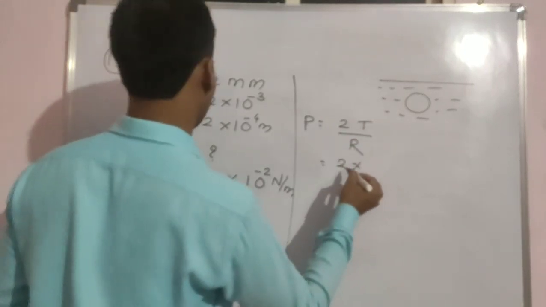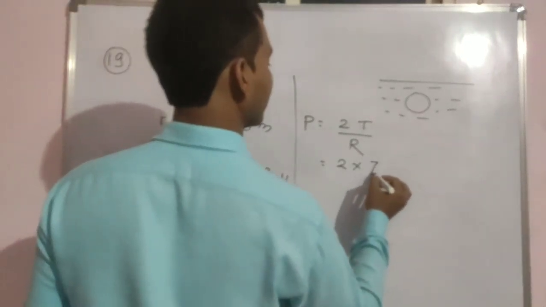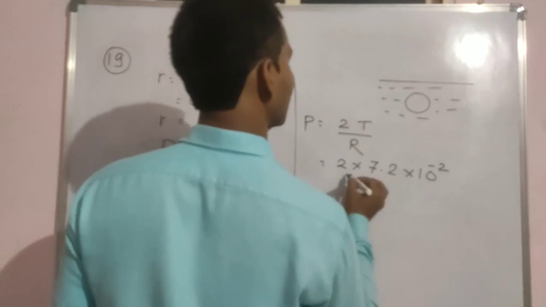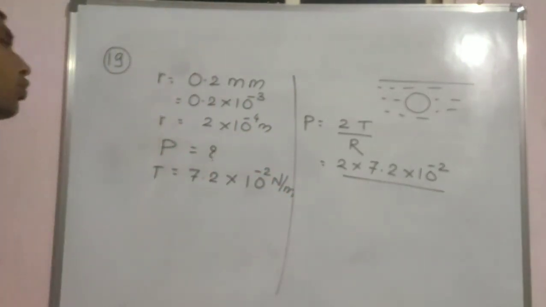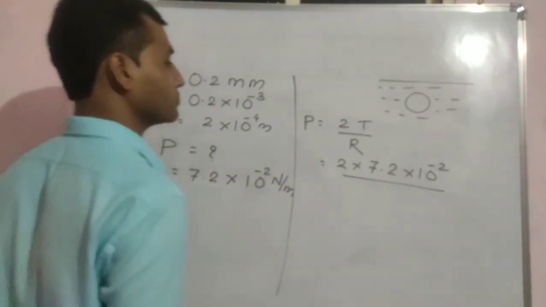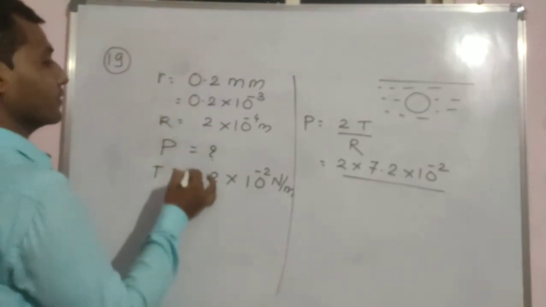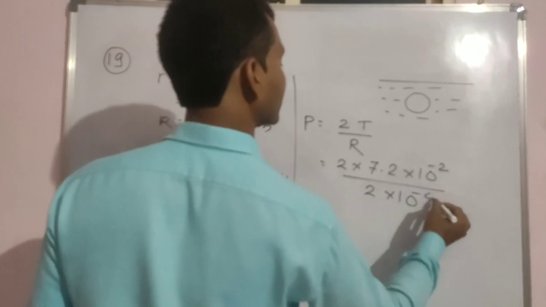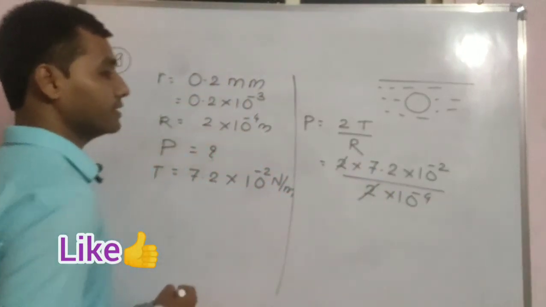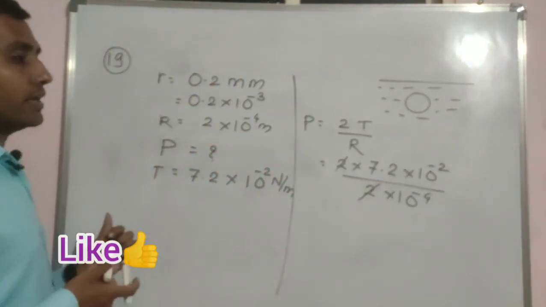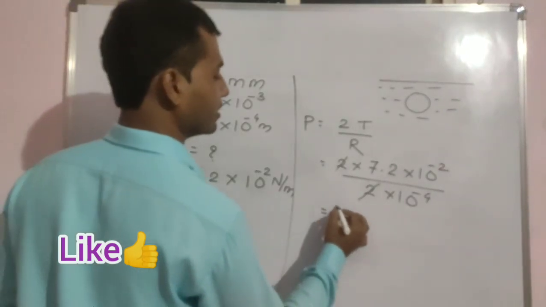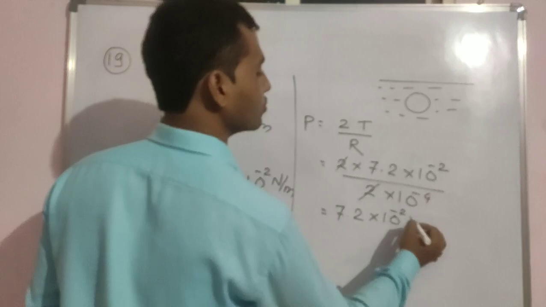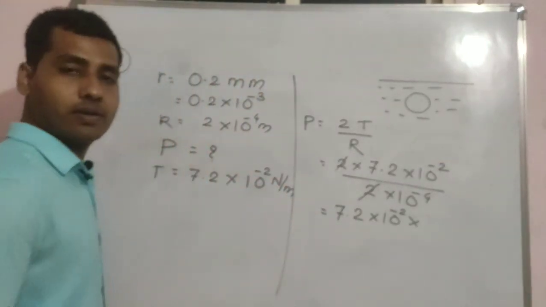So just put the values. This is 7.2 into 10 to the power minus 2. The value of R is 2 into 10 to the power minus 4. Let's cancel this. Then you can write 7.2, this minus 2 and this minus 4 will become plus 4.